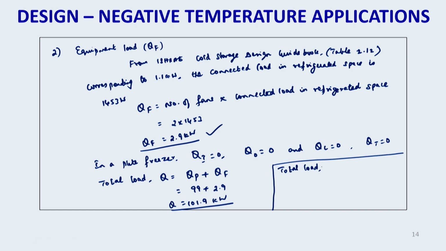Total load Q is equal to transmission load plus product load plus infiltration load plus equipment load plus occupancy load plus lighting load. So these things are 0. This is not there, this is not there, and this is not there. So only we have the product load, and that's why I have added these two.